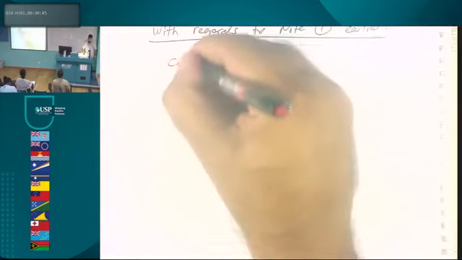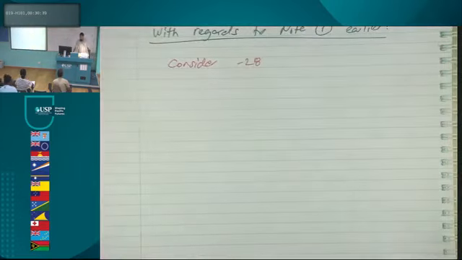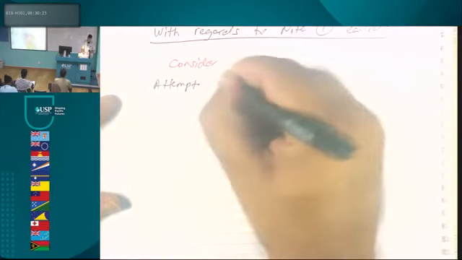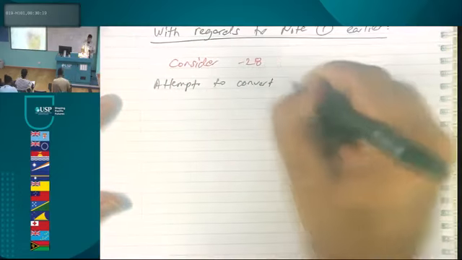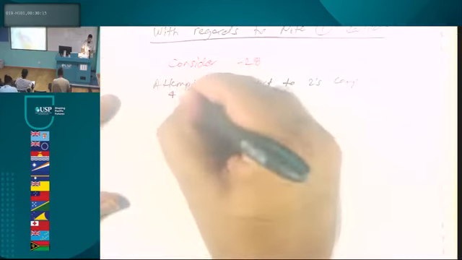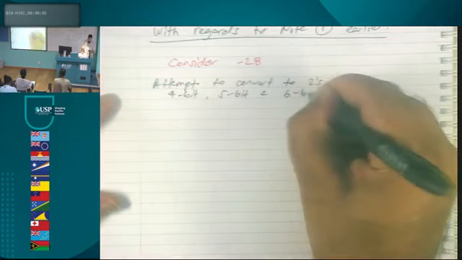Consider the number negative 28. And I want you to attempt to solve it in 4-bit, 5-bit, and 6-bit. Attempt to convert to 2's complement in 4-bit, 5-bit, and 6-bit.